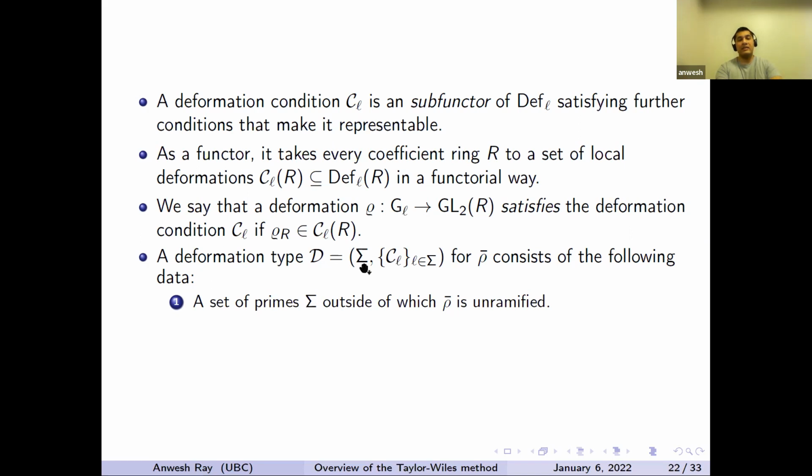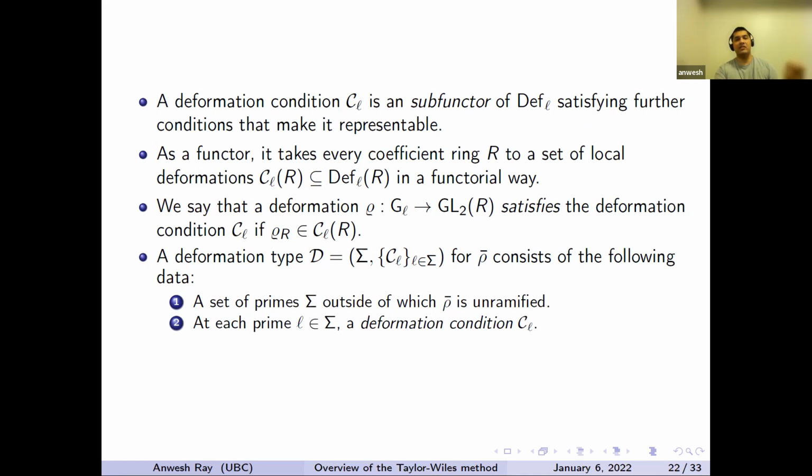Once you have this set of primes sigma, then at every prime in sigma we have a local deformation condition on top of that. For instance, if your primes are 2, 3, 5, 7 and Rhobar is ramified at 2 and 3, it doesn't mean you have to look at all deformations at 2 and 3.